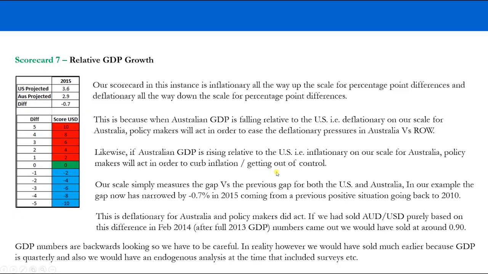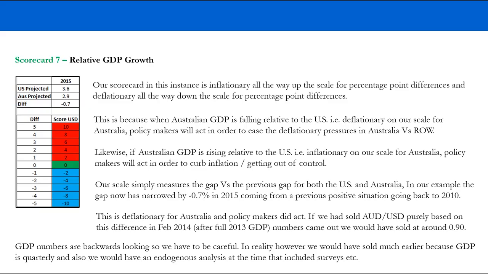And likewise, if Australian GDP is rising relative to the United States, so inflationary on our scale for Australia, policymakers will likely act in order to curb inflation or stop it from getting out of control. And our scale simply measures the gap versus the previous gap for both the United States and Australia. So in our example, the gap now has narrowed by minus 0.7% in 2015.